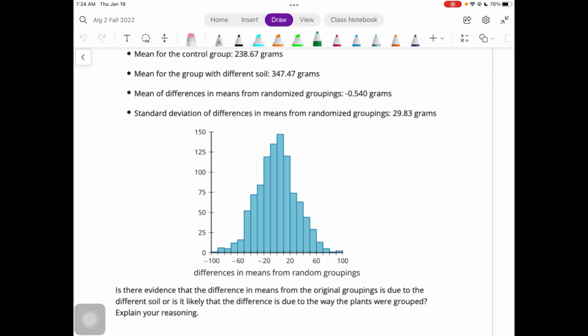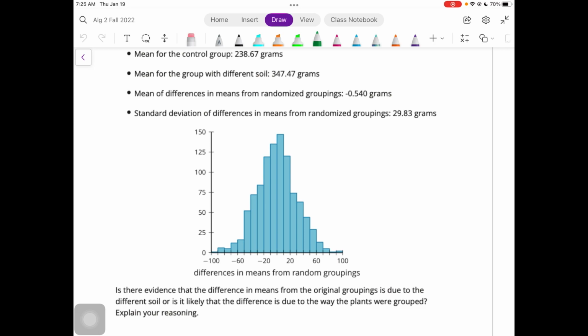All right, so if we look at this histogram, we see that it's a pretty normal distribution. The mean difference is negative 0.540 with a standard deviation of 29.83.